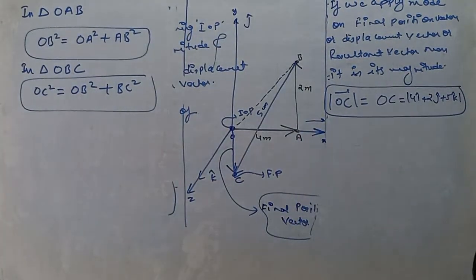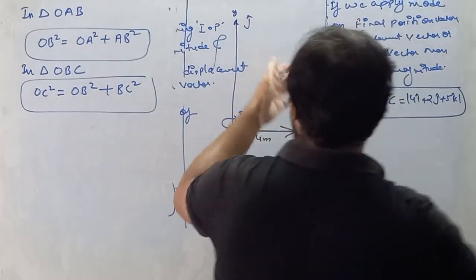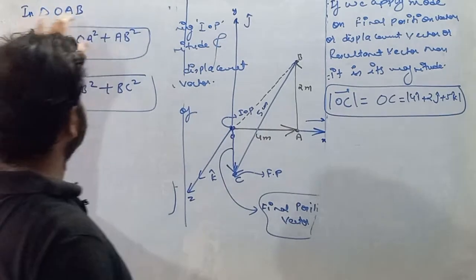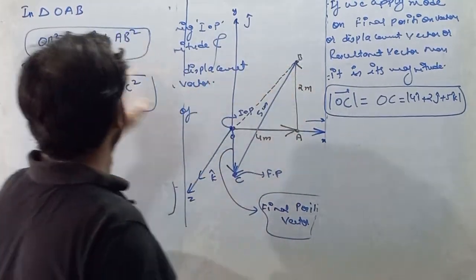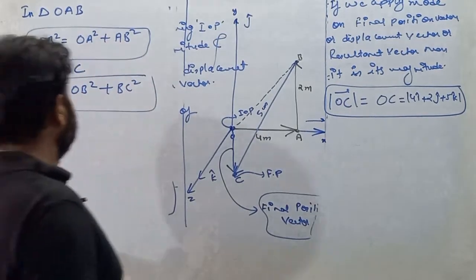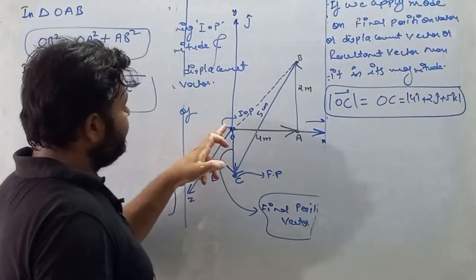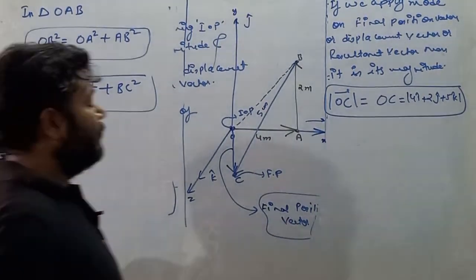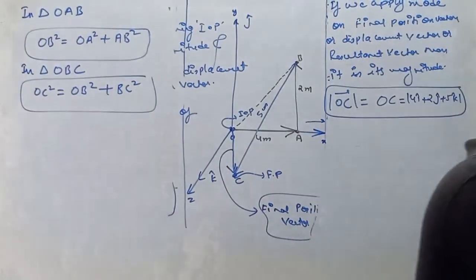That is, we have two triangles. One is OAB and the other is OCB. In triangle OAB we write OB square is equal to OA square plus AB square. Similarly, in triangle OBC we write OC square is equal to OB square plus BC square, my dear student.